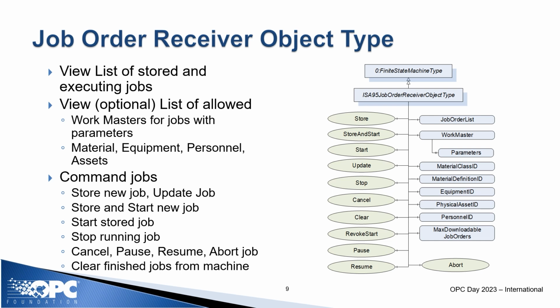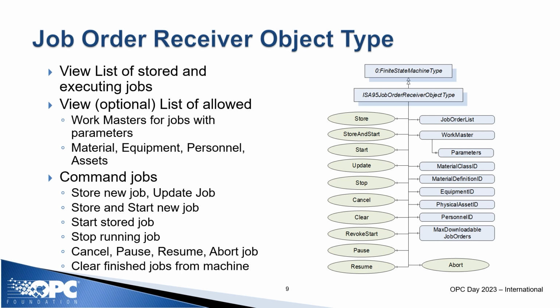Simple things like that, or very complicated parameters associated with it. So for example, a parameter might be the date of manufacture that shows up in a label that you print. It might be the expiration date that you get from your regulatory systems out there. But in order to make this also work, you also have to expose not just what work masters are allowable with the job order, but also what material classes, definitions, physical assets, personnel, etc., that you can use in a job order itself.